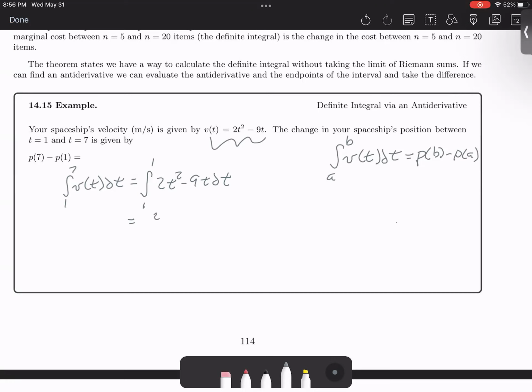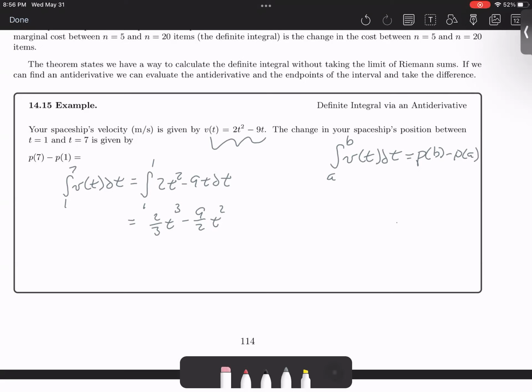So this will be 2/3 t cubed minus 9/2 t squared. Now, if I was to find any antiderivative or the general antiderivative, I would add that plus c. But for reasons that we've talked about in class, that plus c doesn't matter when you have a definite integral. So I want to take just any antiderivative. So why not just plus 0?